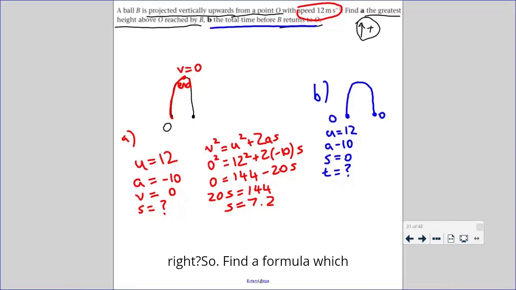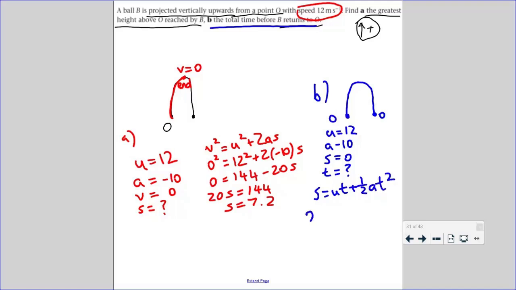Right, so find a formula which links all four of these. s equals ut plus half at squared. Right, then substitute your values.